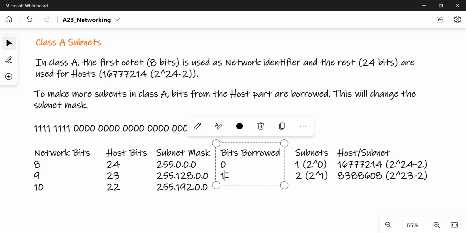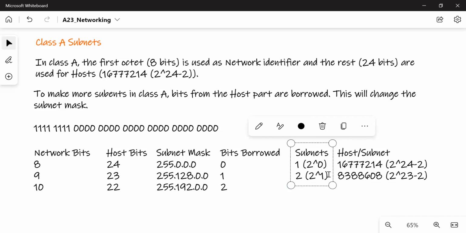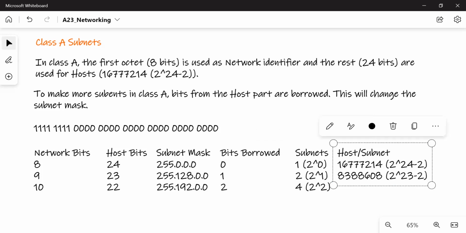So the number of bits borrowed is 2. That means this time you are creating 4 subnets because you have 2 bits. 2 to the power 2 gives 4 subnets. So the number of computers now will be half of this, about 4 million.